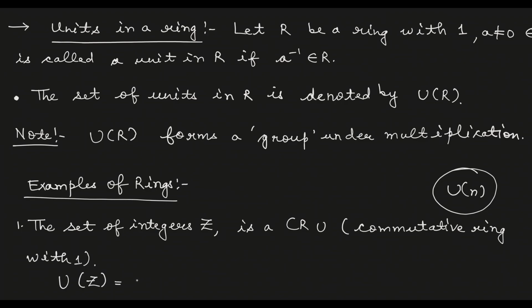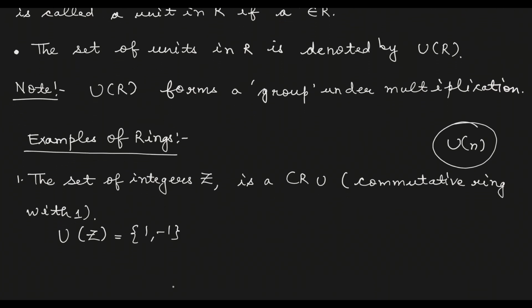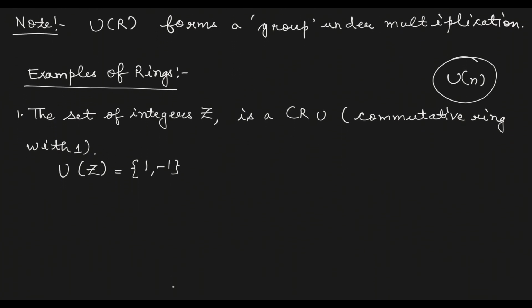And units of integers are 1 and minus 1 only. Is this clear? Units of integers are 1 and minus 1 only, because the inverse should belong to the set of units.